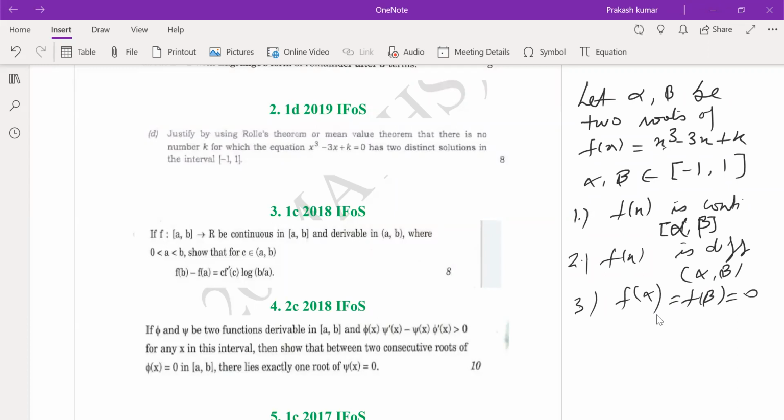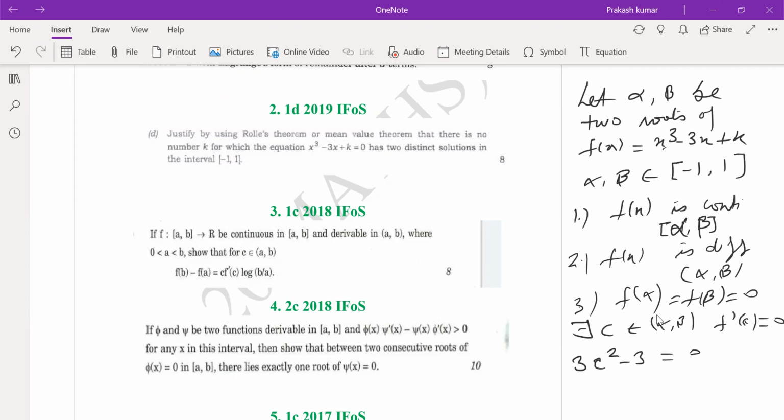So all three conditions for Rolle's theorem are satisfied here, so there exists a c belonging to the open interval (alpha, beta) such that f'(c) = 0. What is f'(c)? It will be 3c² - 3.